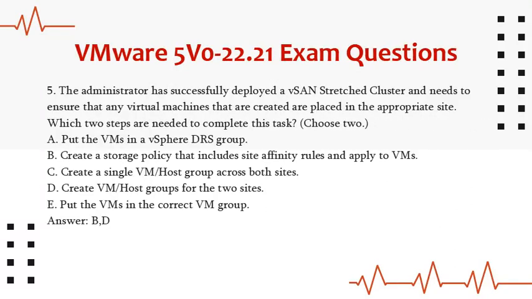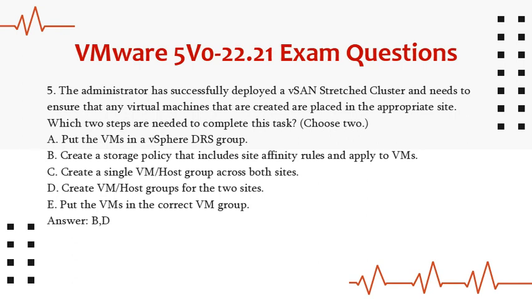5. The administrator has successfully deployed a vSAN stretched cluster and needs to ensure that any virtual machines that are created are placed in the appropriate site. Which two steps are needed to complete this task? Choose 2. A. Put the VMs in a vSphere DRS group.